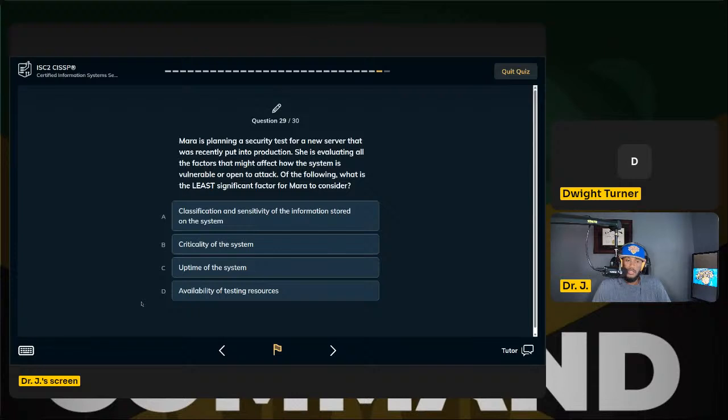All right. Mara is planning a security test for a new server that was recently put into production. She's evaluating all the factors that might affect how the system is vulnerable or open to attack. Of the following, what is the least significant factor for Mara to consider?